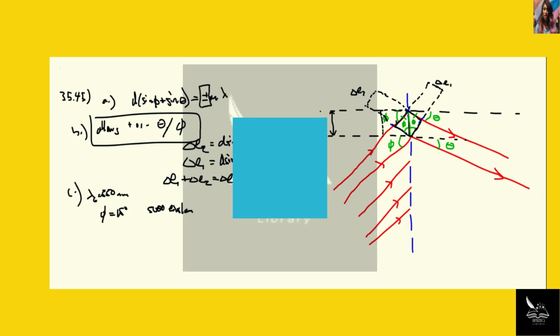We want to find the angles at which the first maximum occurs. Well, we know that sine theta is n lambda over d, so theta is the inverse sine of n lambda over d. We said the first maximum, so let's take the inverse sine here.